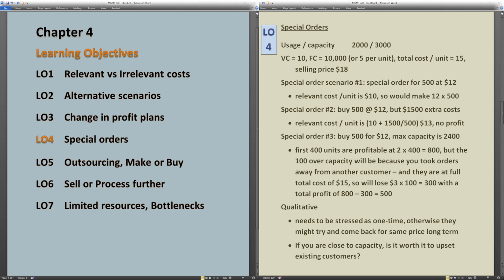You don't know if this special order will be coming back on a regular basis. So the answer typically is no. If it's going into capacity, you would typically say no, not only because of what the profit or non-profit would be. You have a qualitative decision to try and work with your existing customers. Normally, not every situation. It's just part of the decision making.